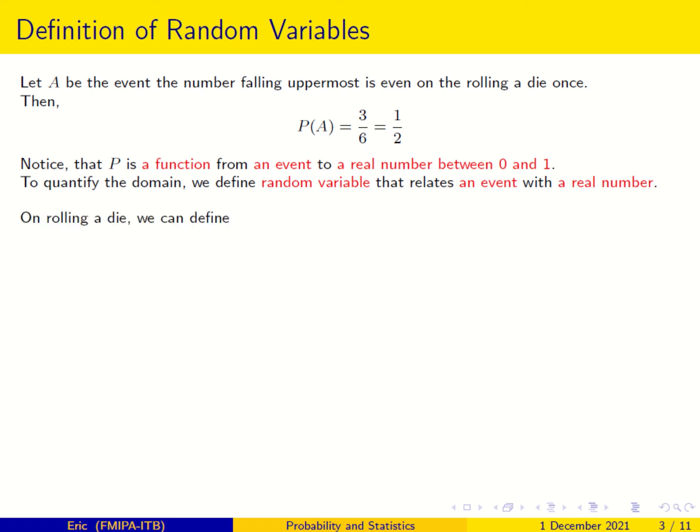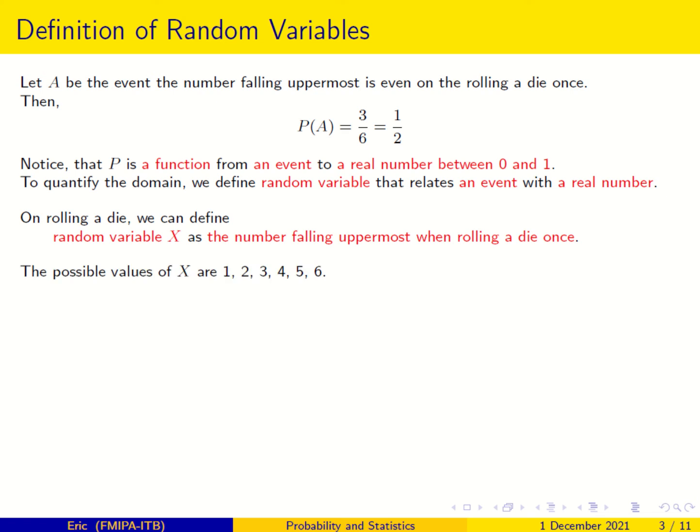On rolling a die, we can define random variable x as the number falling uppermost when rolling a die once. The possible values of x are certainly 1, 2, 3, 4, 5, and 6.